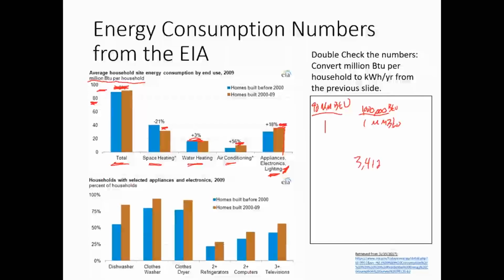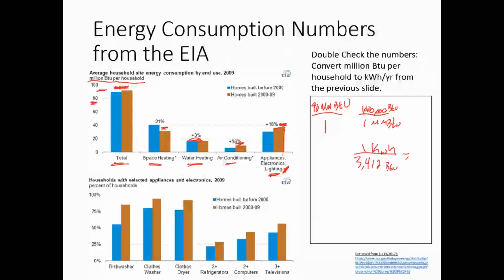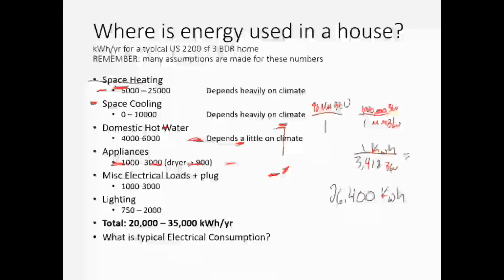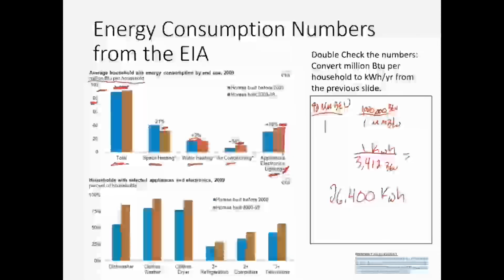So we got 3,412 BTUs in a kilowatt hour. And when you plug that in, you get something like 26,400 kilowatt hours. So before we were looking at a range of 20,000 to 35,000. So that's right there in the middle, 26,400 kilowatt hours.